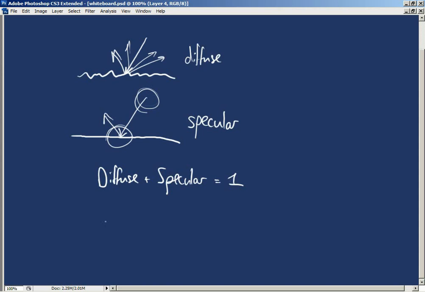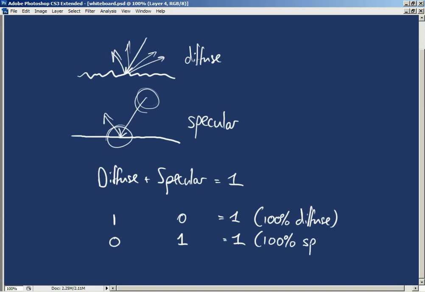So for example, if we had diffuse with a value of 1 and specular with a value of 0, well, that gives us a total of 1, and that's a 100% diffuse surface. Or we could have diffuse with a value of 0, specular with 1, again giving us a total of 1, but in this case it's 100% specular.